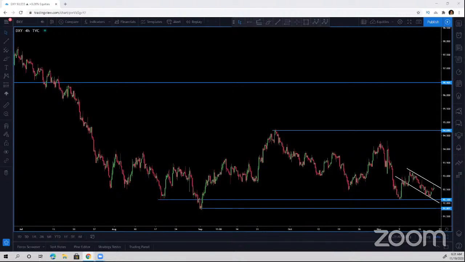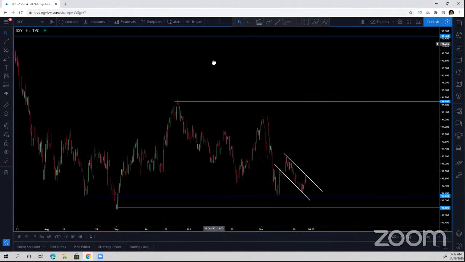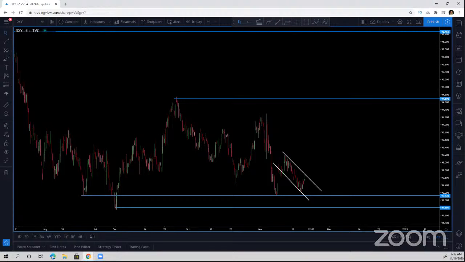I'm going to show you everything and, most importantly, I'm going to show you what I am looking to trade, or how I am looking to trade this market, right? Just give me 1 second and I'll start.